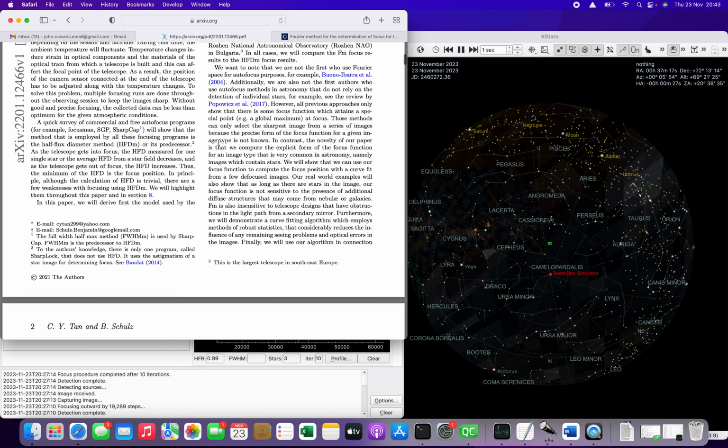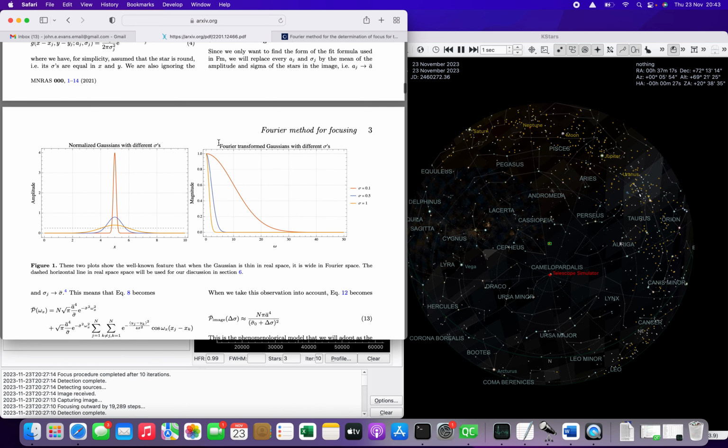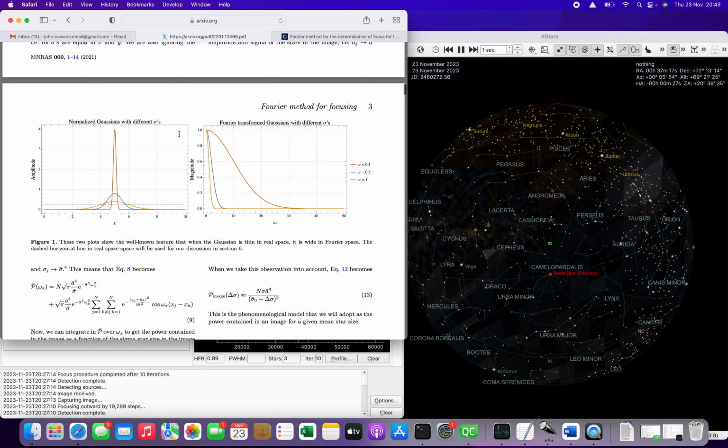A few pages down in this paper is a couple of graphs that really give the essence of these guys' approach. The graph on the left is showing a series of three different Gaussians, and then on the right are the Fourier transforms of the same Gaussians.